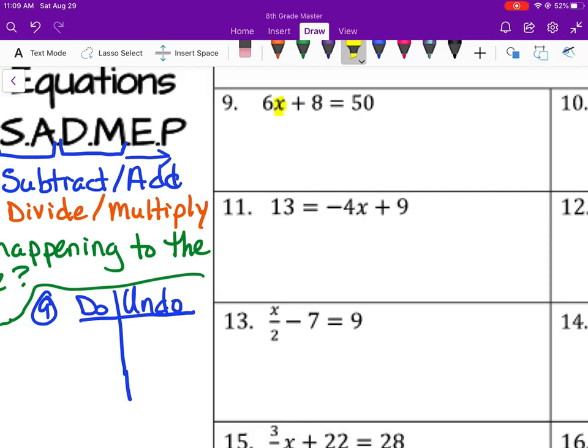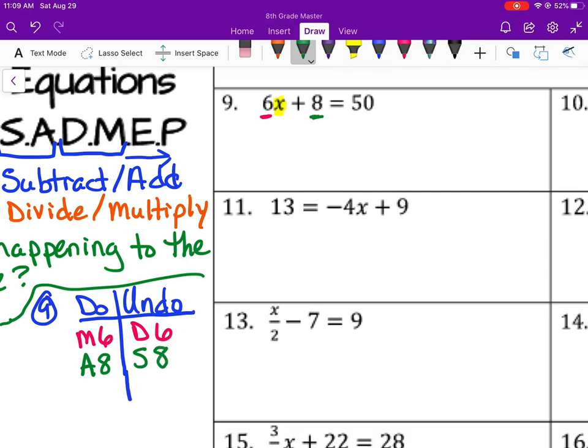So the first thing we look at is we are multiplying by 6. So how do we undo multiply by 6? We divide by 6. So that's this guy. Then we have what's happening to the variable and the 8. We are adding 8. So to undo that, we subtract 8.